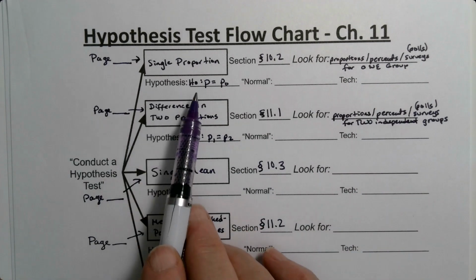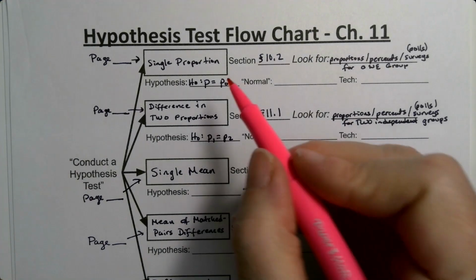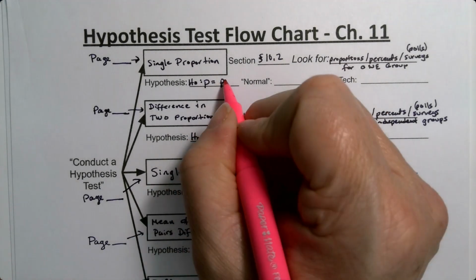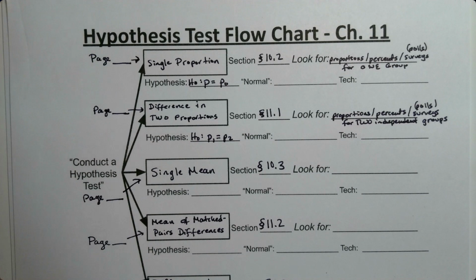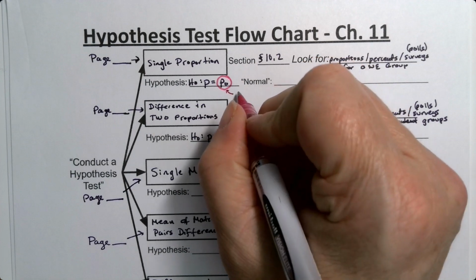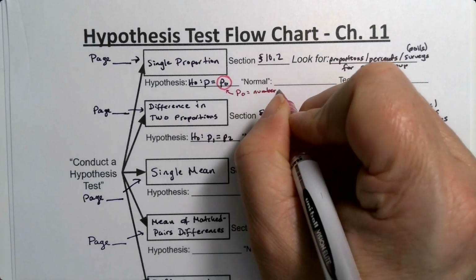And I put in the hypotheses here, and I think what gets a little confusing is the subscripts. So when you see P0, it doesn't look any different as a student from P1 and P2, but they are different. This particular P0, let me highlight it in like pink or something, will be a number from the context of the problem.